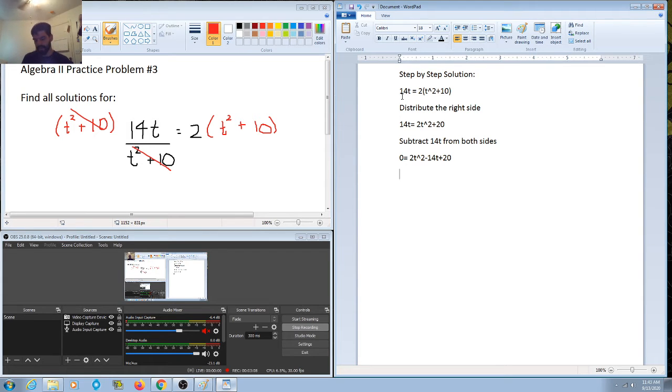There's nothing saying that I can't rewrite this as long as I'm not changing the equation in any way. I'm just going to have the left side be equal to the right side and vice versa. But I haven't changed the equation in any way. So that's always a technique that you can use too. As long as you don't change the expression or the equation in any way, you're golden.